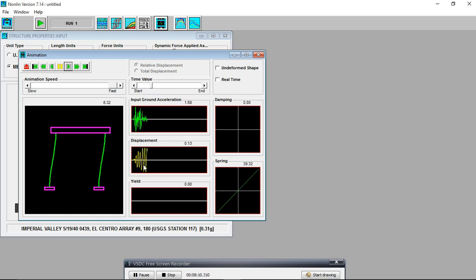You can see this is the displacement. The displacement is constantly increasing, moreover it is constant, because we have not provided damping to the structure.